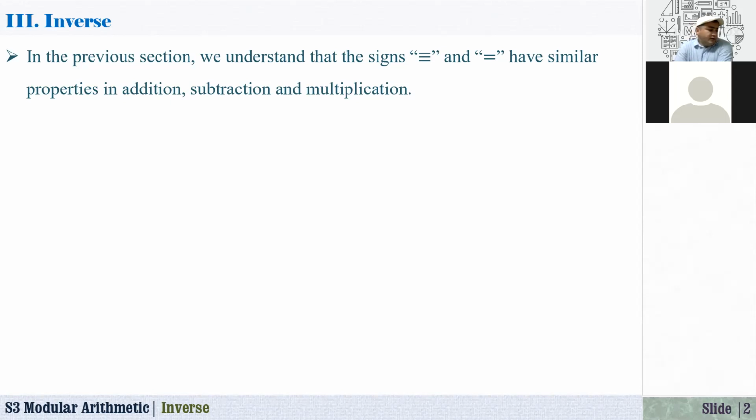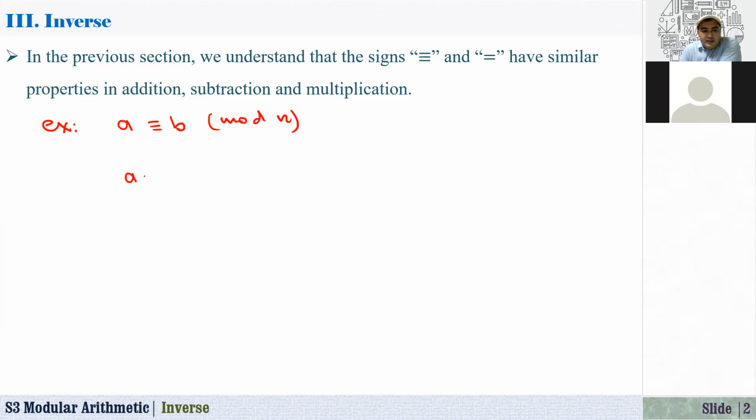If you remember, for example, let's say A is congruent to B modulo M. That means if you add something to both sides, we still have the same thing.